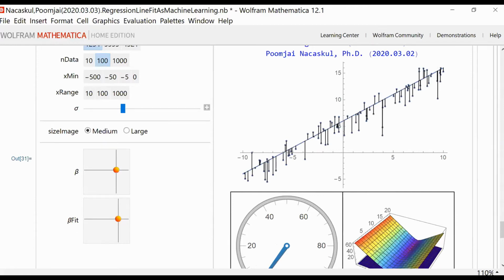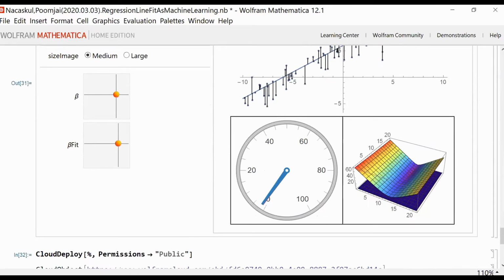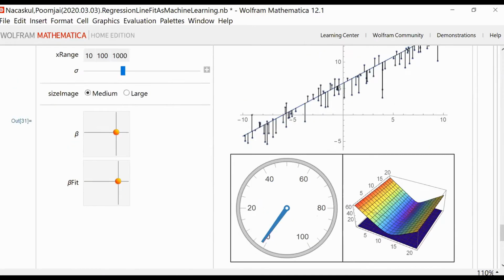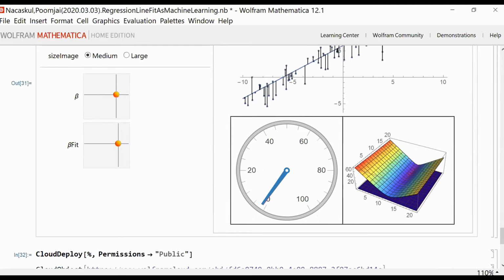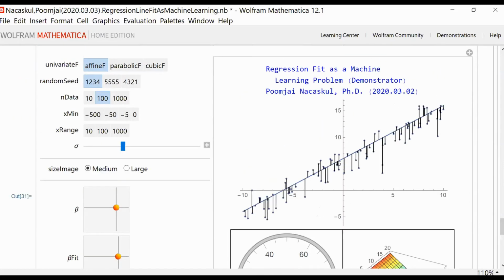Actually, that one's perfect. You know how I know? Because this is the parameter I used to generate the data. I cheat a little bit, because I created the problem and know the final answer. So right now, the error is as good as it gets. This is the best line I can do.